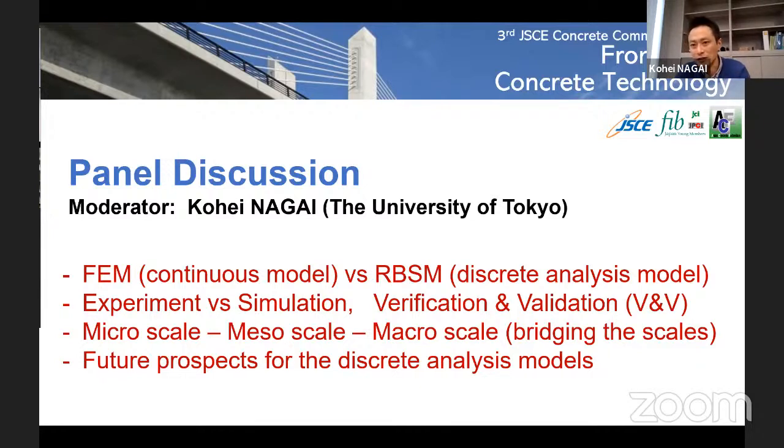So how can we think about the difference between the simulation and the experiment? Professor Bolander, you showed a nice presentation with a nice simulation result for the fibers. How can you validate your simulation model with experiment? Do you have any comment or idea how to confirm that?